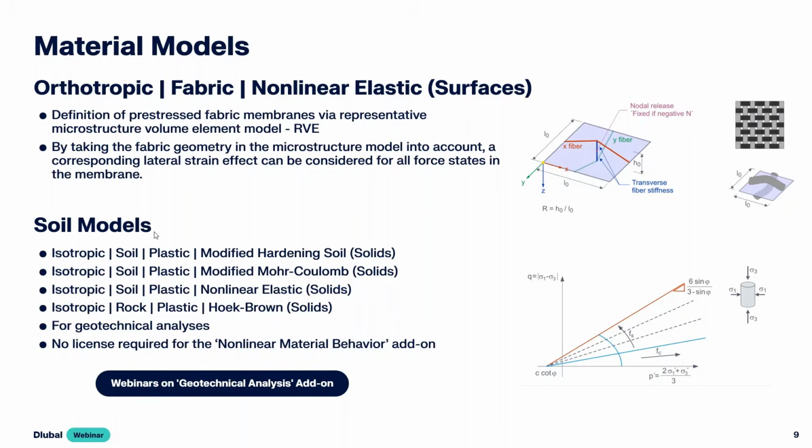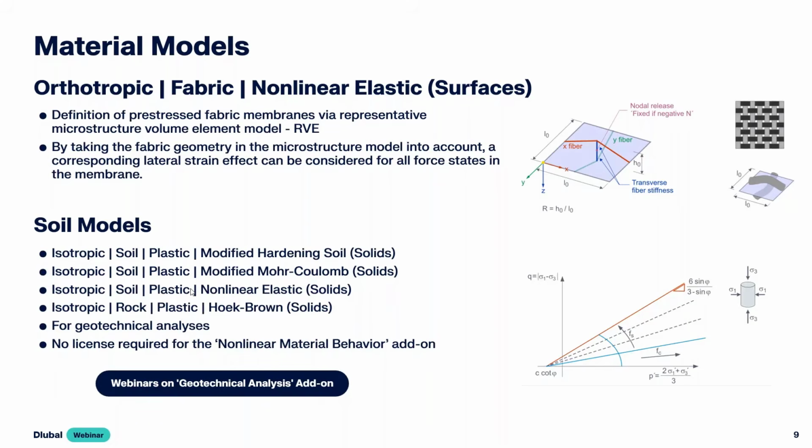Then the soil models, where are different isotropic soil plastic models, the modified hardening soil, modified Mohr-Coulomb, and the nonlinear elastic, and one for the isotropic rock plastic, the Hoek-Brown model.